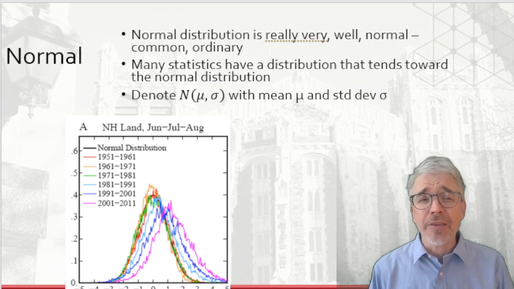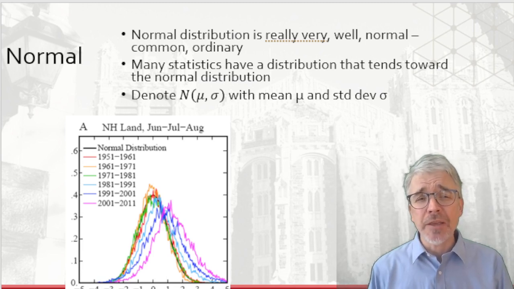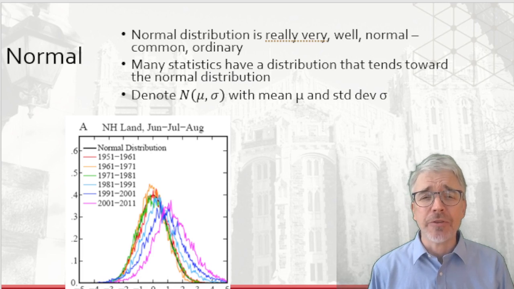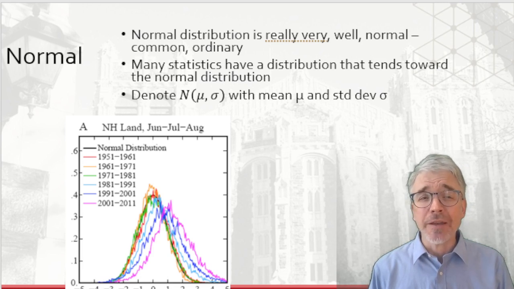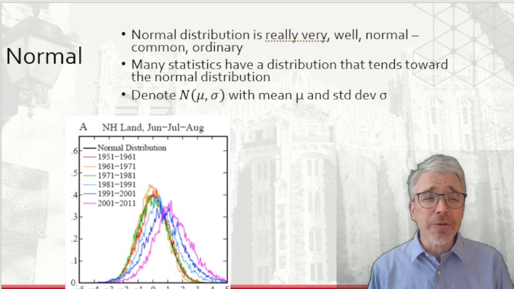We denote that as N(mu, sigma), where mu is the typical representation of the mean and sigma is the standard deviation. Now, a little flag on that notation. Sometimes people instead denote N with mu and sigma squared, the variance, instead of the standard deviation. Just be on the lookout. If someone writes N(0, 16), the second term could be standard deviation or it could be variance.